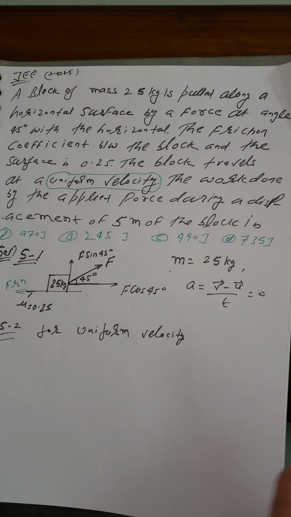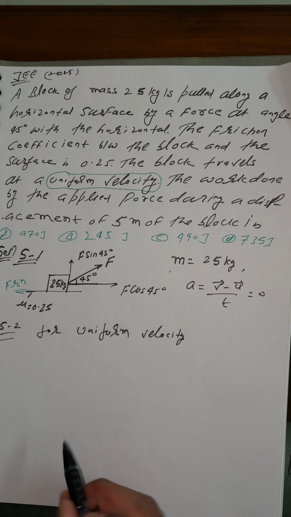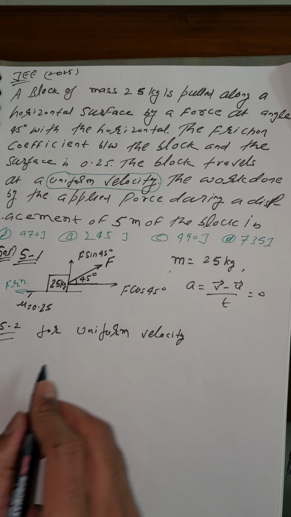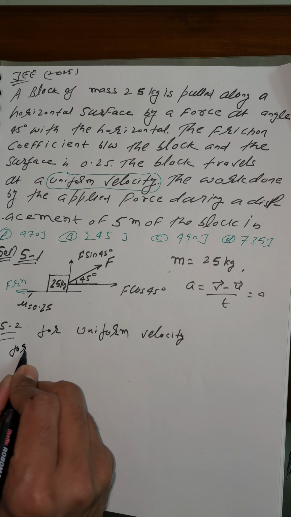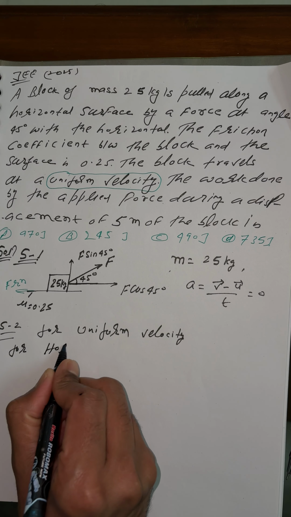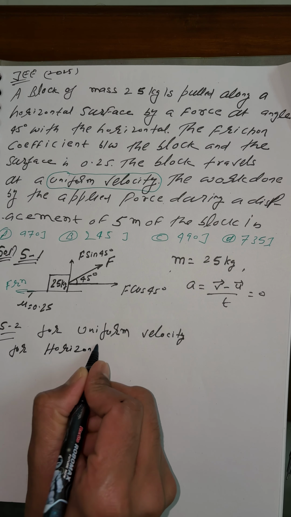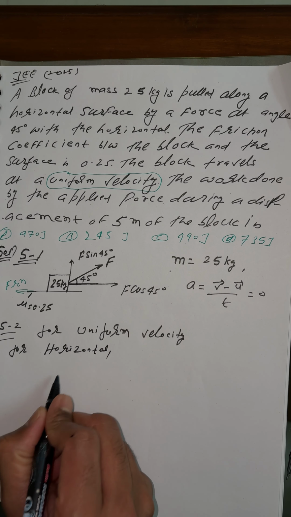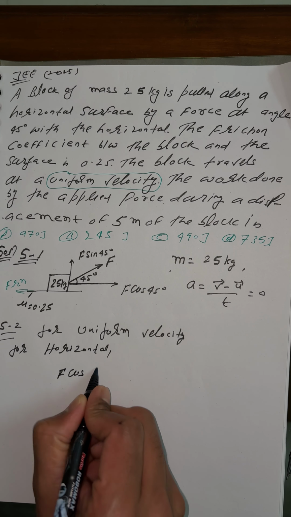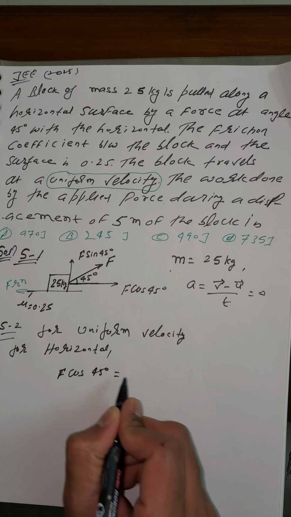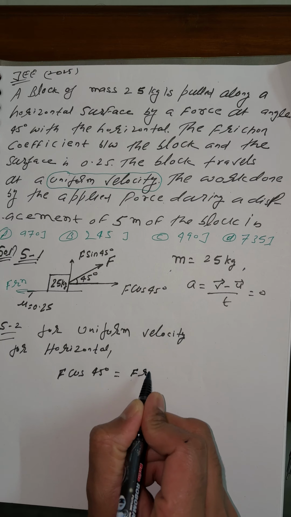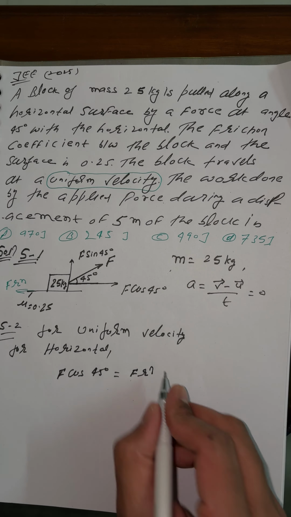Friction is always opposed to, keep in mind, not force, relative motion. So now students, for horizontal you can write F cos 45 degree is equal to friction, right?